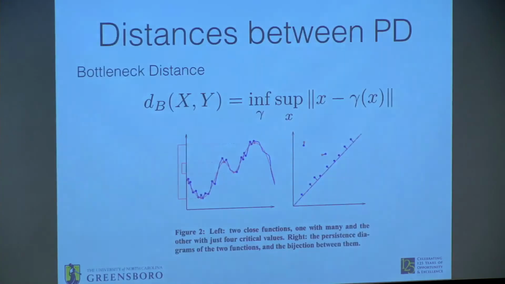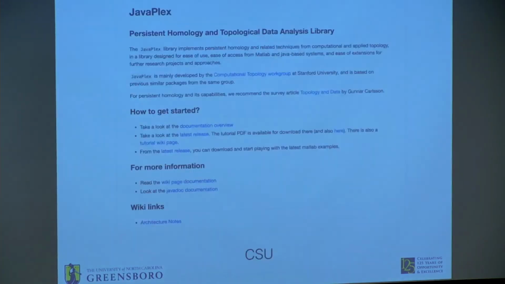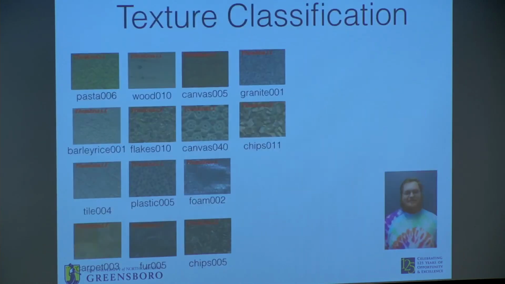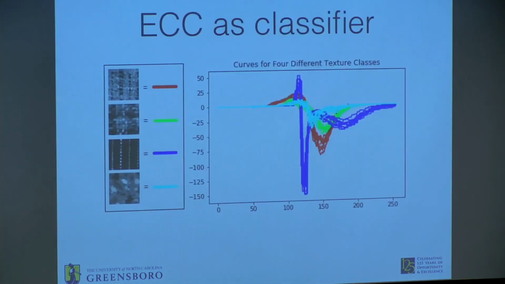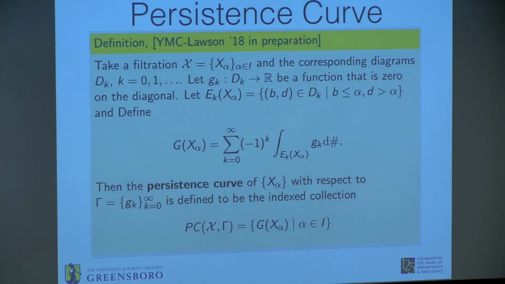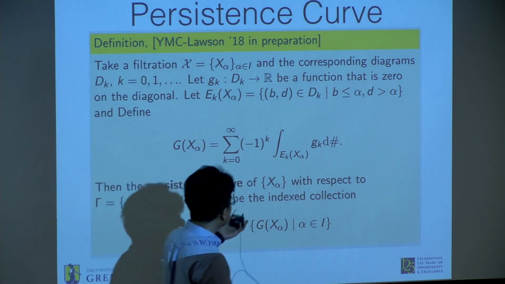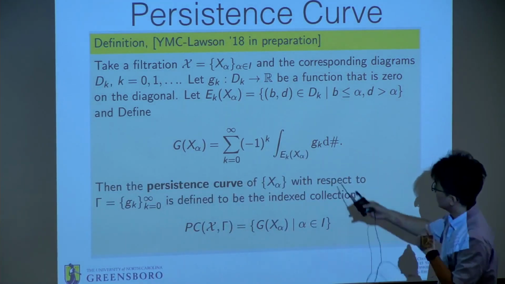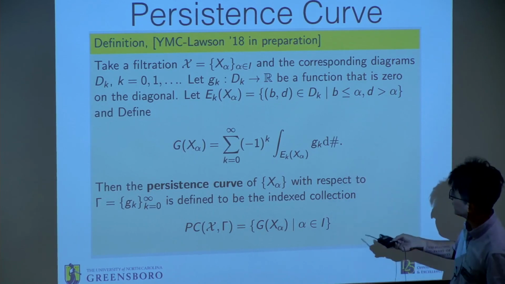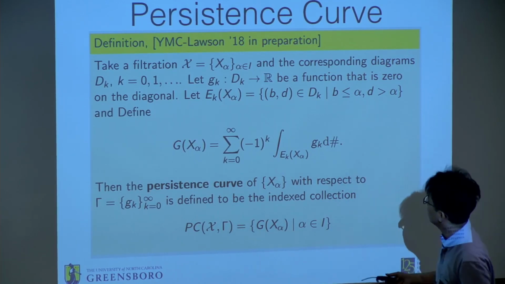He generalized this Euler characteristic idea to what he calls persistent curves. Okay. This is the alternating sum, which is very simple, and this is the counting measure. You can do G, right?